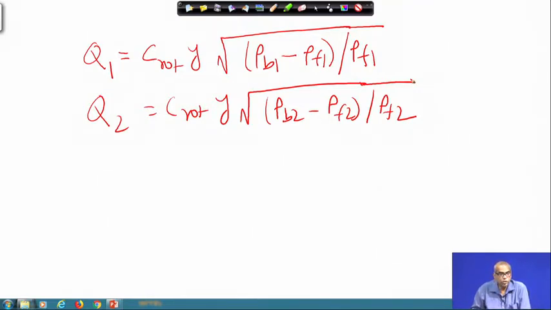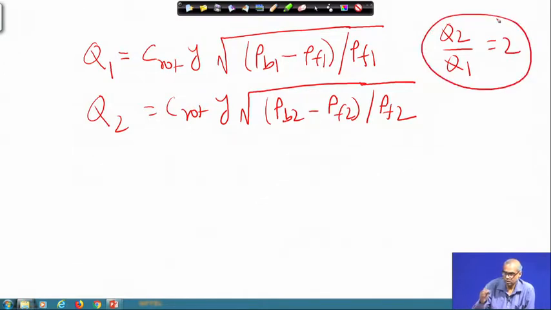Now, if I take the ratio, I will get Q2 by Q1 and we will be able to equate it to 2. Q2 by Q1 we have found out on the previous slide as 2. If I do that, you see that we know all other values. Rho F1 we know, rho F2 we know, rho B1 we know. So, we have to find out rho B2.